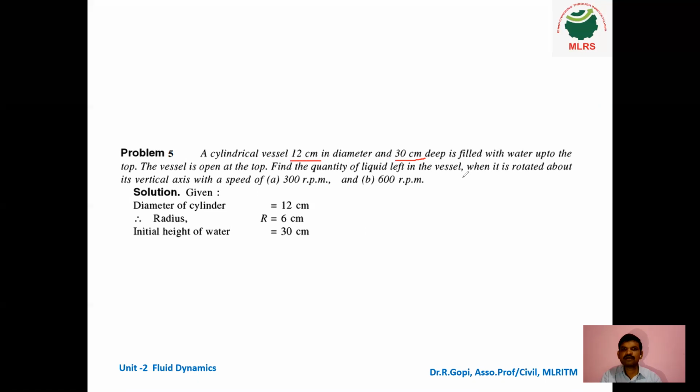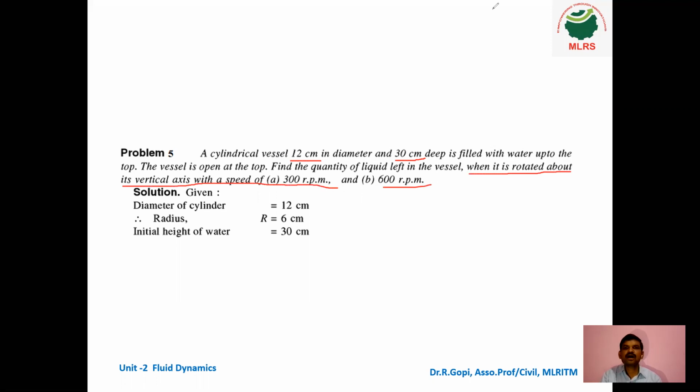Okay, quantity of the liquid left means what is the remaining water in the vessel, when it is rotated about its vertical axis with a speed 300 rpm and 600 rpm.